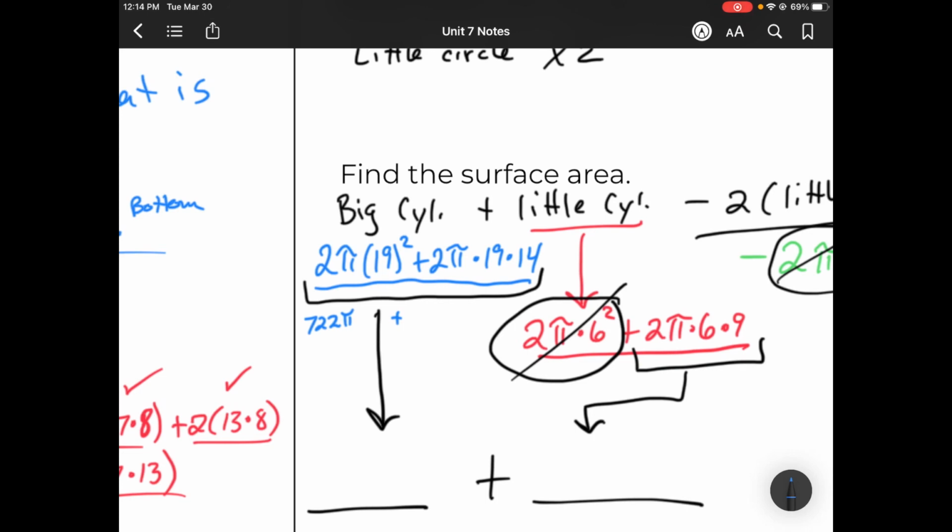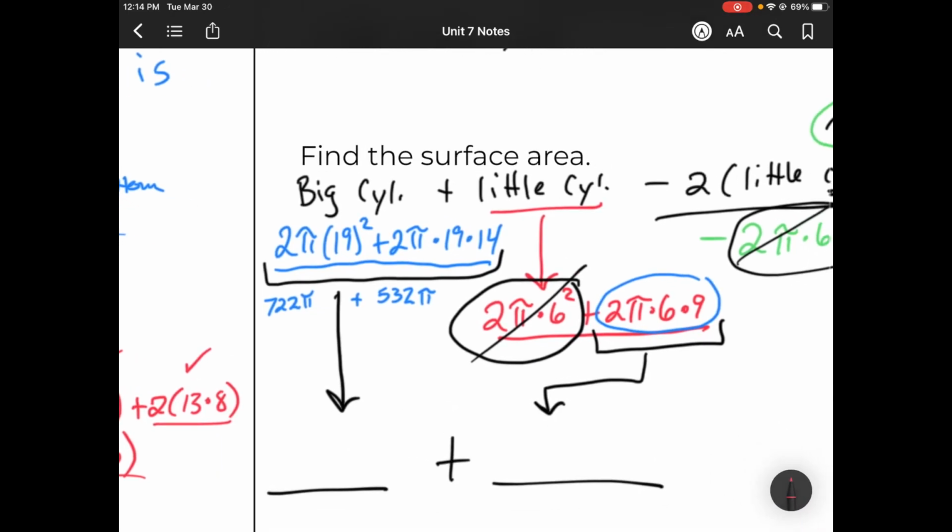So if I do the 2 times 19 times 14, I get 532 pi. Okay? All right. But then I have another term over here. Okay. 2 pi times 6 times 9. If I simplify that into everything except pi, I get 108 pi.